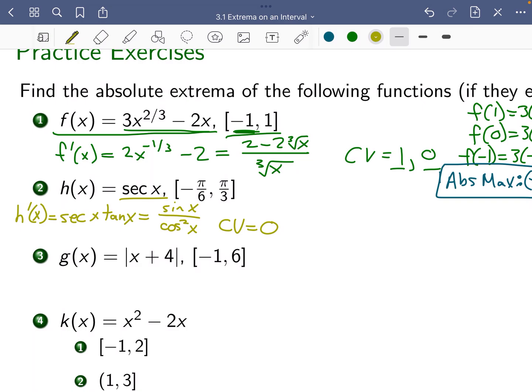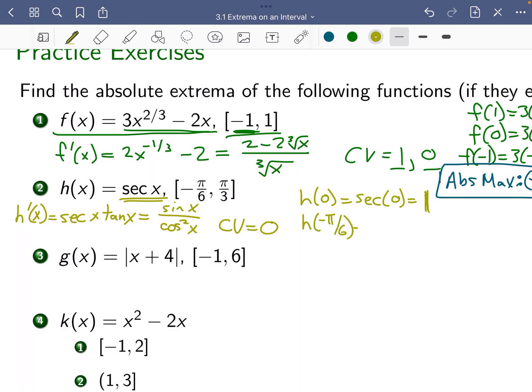What are we going to do with this critical value? Well, we are going to evaluate this function. So our function h of 0, so we're plugging in 0 in here. This is secant of 0. Secant of 0 is 1. 1 over cosine 0, 1 over 1. We will also evaluate this at the endpoints.